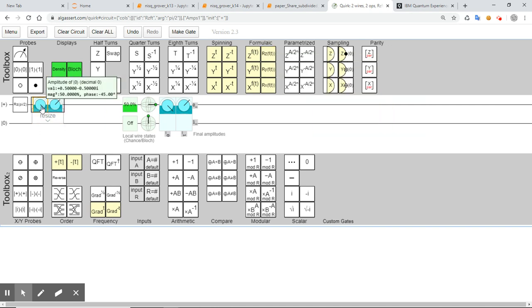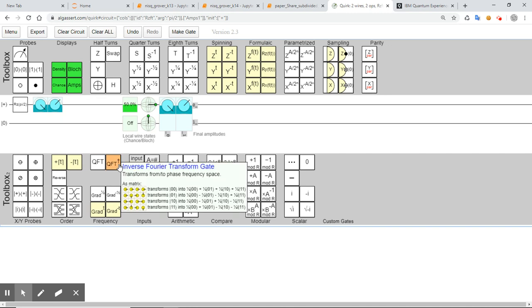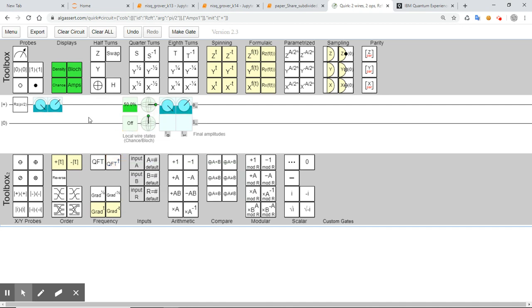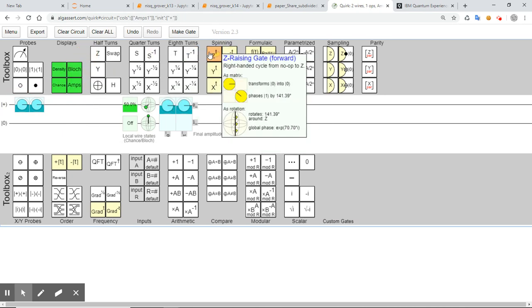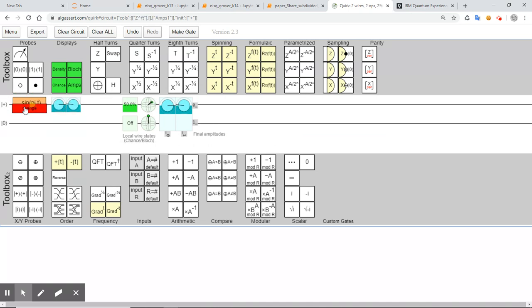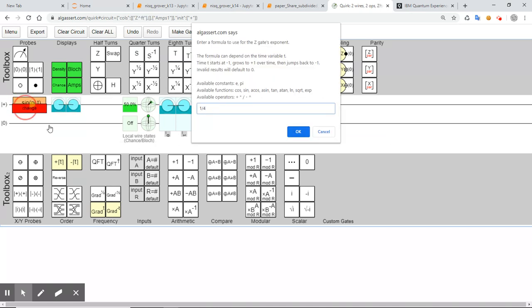But then this means that this state is equivalent to the state where this is 0 and this is 90, right? So this means that RZ pi divided by 2 is equivalent to the state that you can generate with a Z 1/4. Not 1/4, but 1/2.